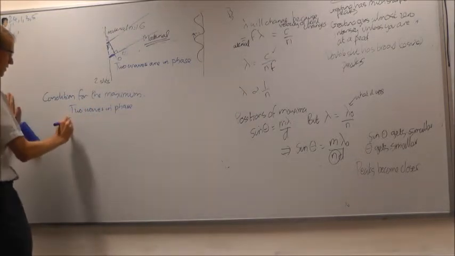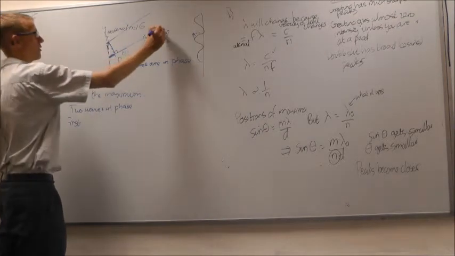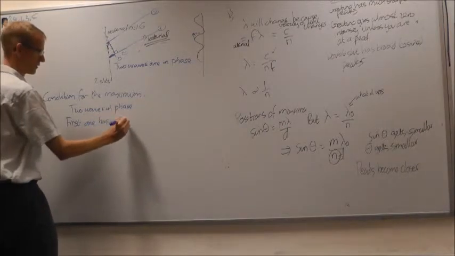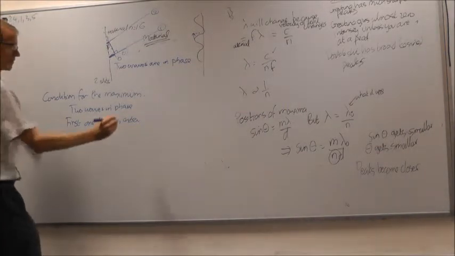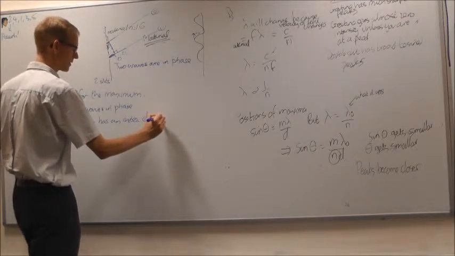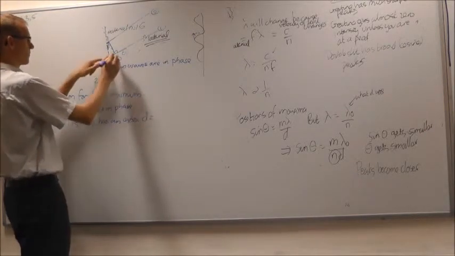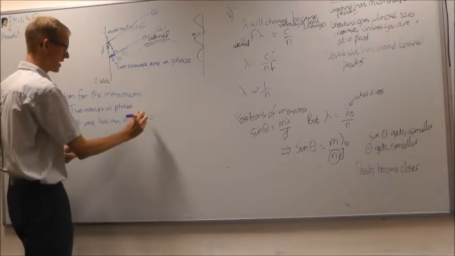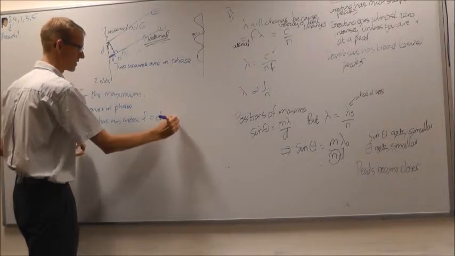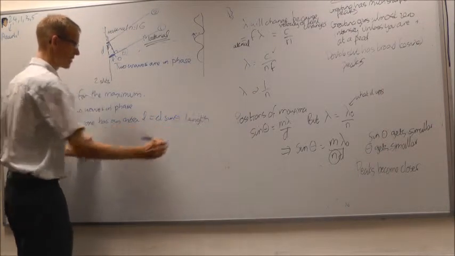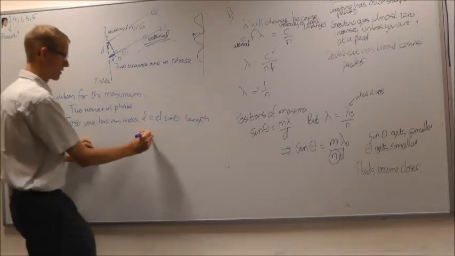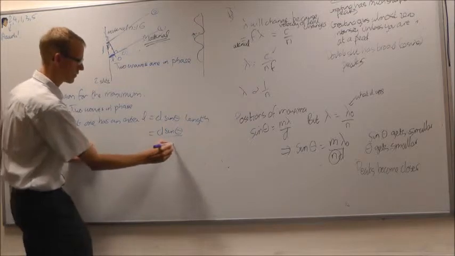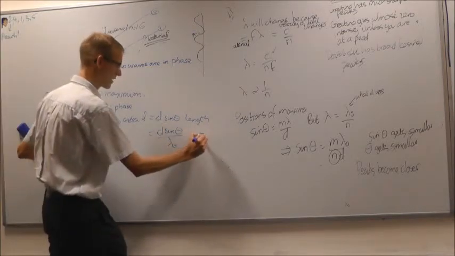So your first one, call that 1 and 2, has an extra D equals that length, we'll call it L, that's D, so has an extra L equals D sine theta length. How many wavelengths is that? Over lambda naught, our original wavelength.